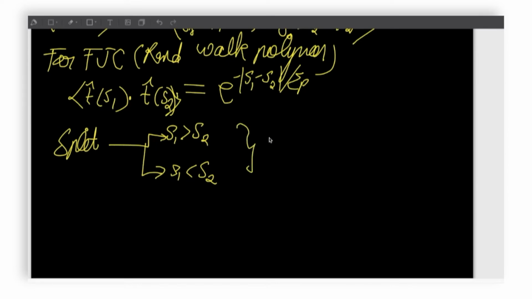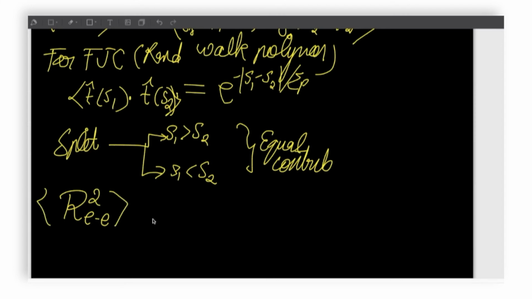Since we assume that these have equal contributions, we can simply rewrite the end-to-end distance squared average as 2 times a common integral from 0 to L ds1 of the difference s1 minus s2.